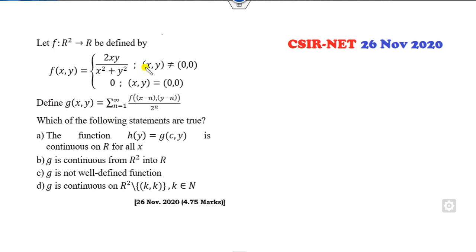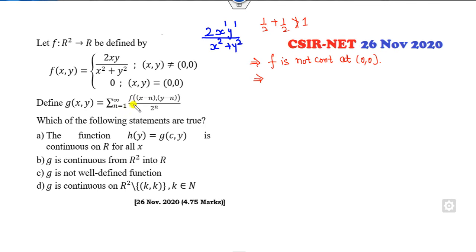Now check whether this function g is continuous. Again, I can write this function as 2 raised to power n, with x² plus y². So this clearly says 1/2 plus 1/2 is not greater than 1. It means f is not continuous at (0,0).